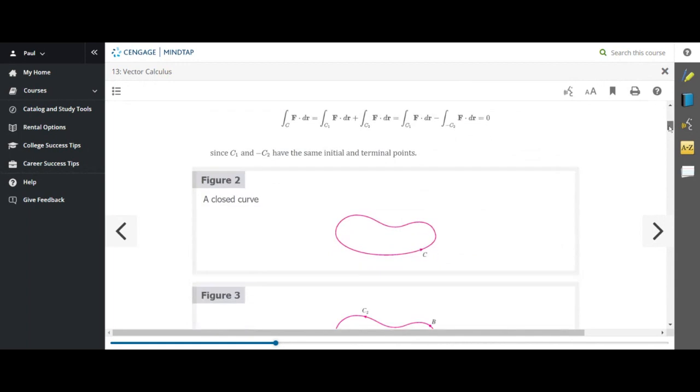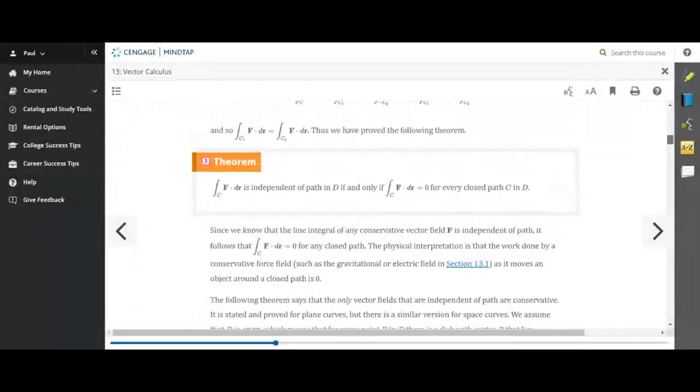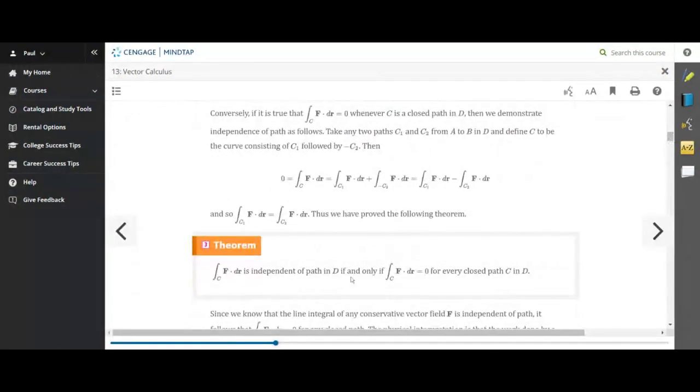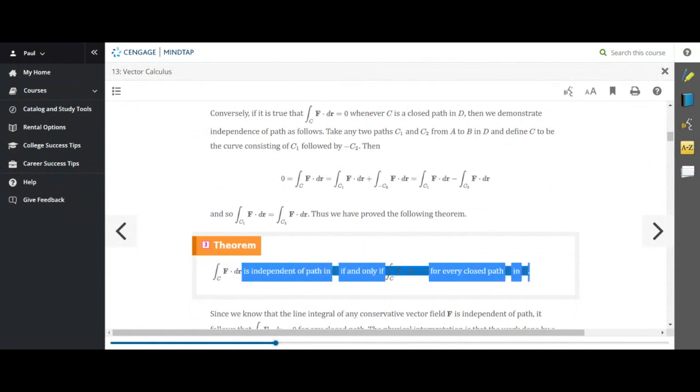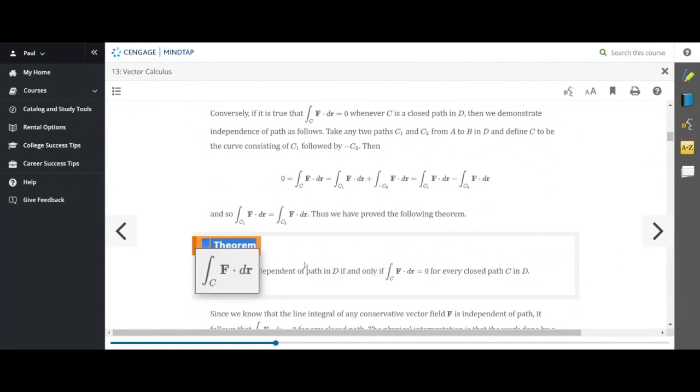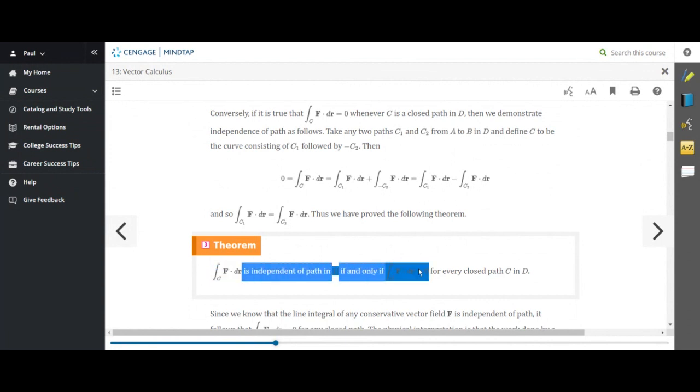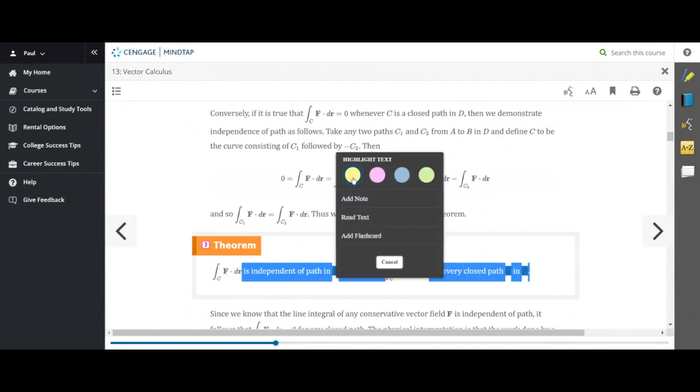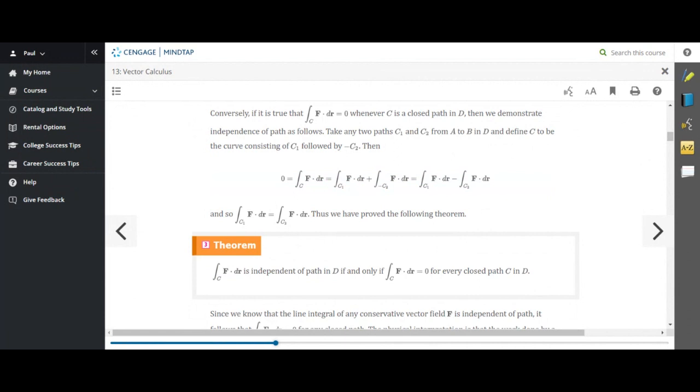All right, so let me just see here. Another thing I'll mention: if you had a closed path in a conservative vector field, the work that the force field does in moving the particle once around the path would have to equal 0.